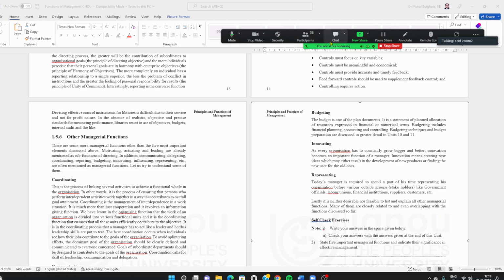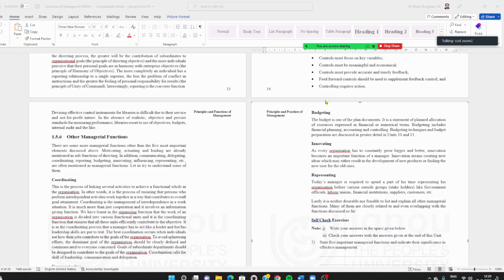It can be a commercial organization, even NGOs and non-profit organizations. They also have to do this budgeting part, because without money the show cannot go on, right? Money is the lifeline of any organization. Without money, you cannot survive, isn't it?